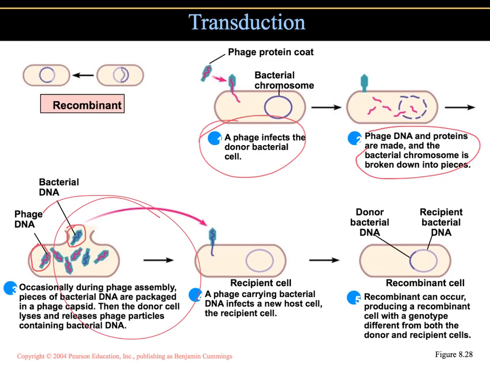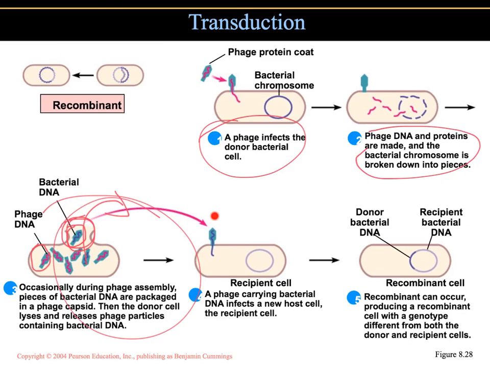Now, let's say that it packages up some bacterial DNA into the capsid, and then it bursts and releases all of the new viral particles. What would happen is that each of these viruses can now go and infect a new host cell. So let's follow the one that got bacterial DNA packed into it.